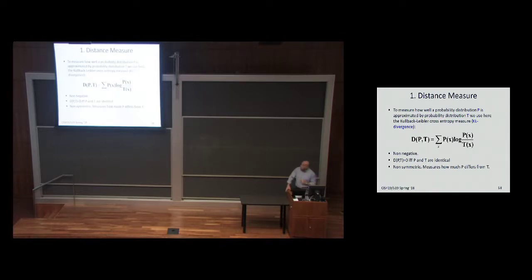I'm going to suggest a different function that is called KL divergence. It's an important notion. It's an entropy-based measure, and it's defined this way. The distance between probability distributions P and T is the sum over all x's, it's a discrete space, of P of x times log P of x divided by T of x.